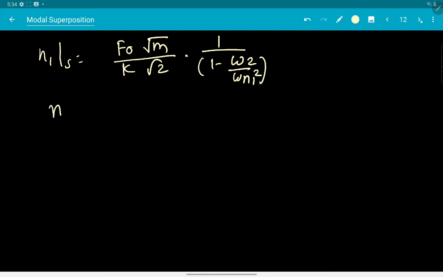Similarly, you will be finding eta 2s, that is the steady state part of eta 2.